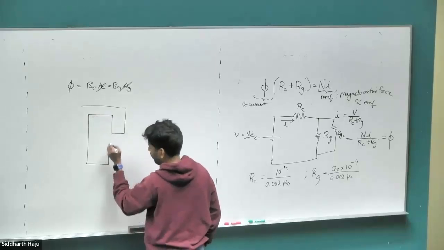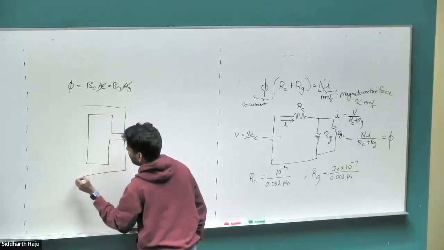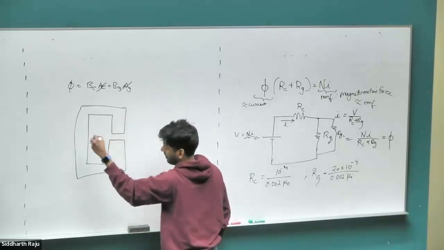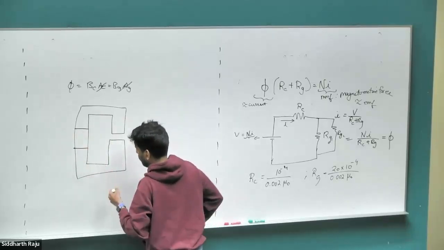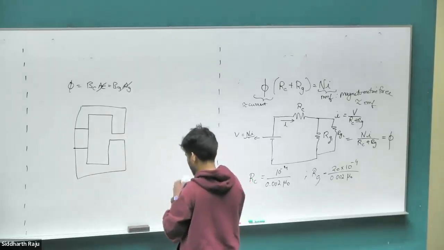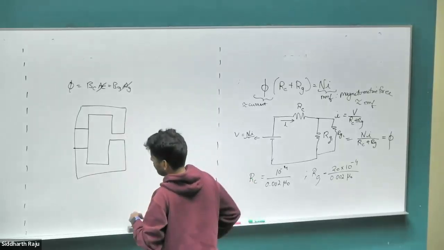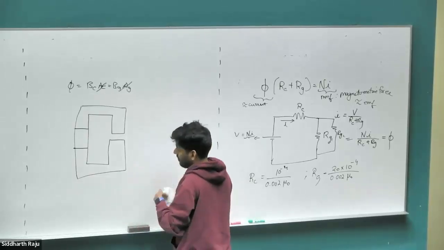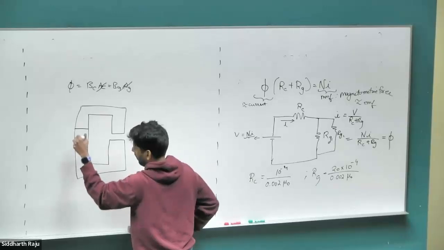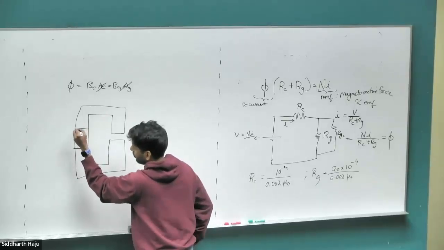Let me just plot a 2D view alone, but it's a 3D structure that goes back as well. It has some thickness to it. So the same thing as before, the dimensions are all the same. None of those I'm changing. I'm now introducing, instead of the coil that I had before, I am instead cutting the iron core and putting a magnet in between. So this is a magnet.